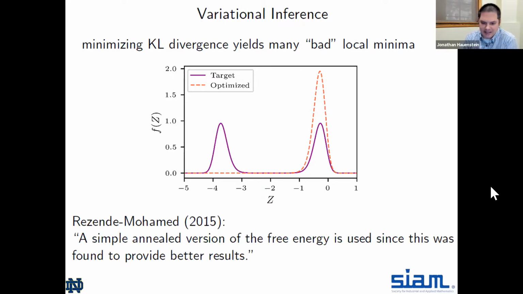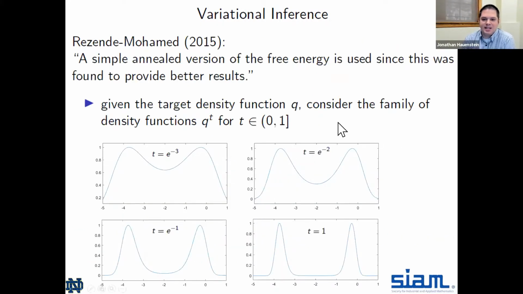What they're doing is they're taking their density function Q and they're raising it to a power T, where T goes between 0 and 1. So when T is equal to 1, that's our target distribution. And then as T goes to 0, it becomes more and more constant and easier to find, easier to describe.